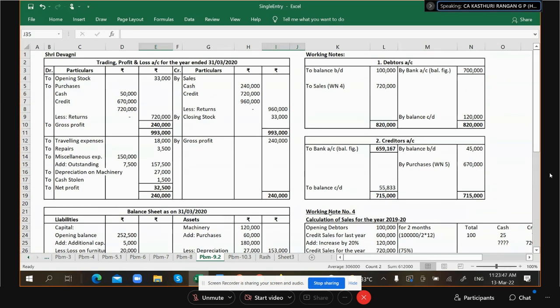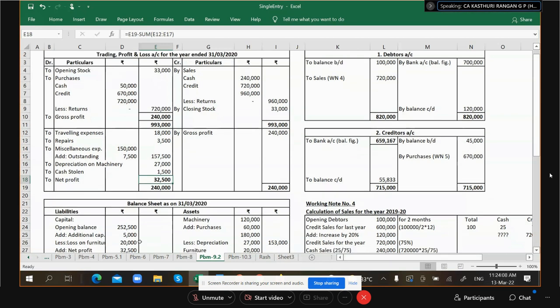After debiting that, find the net profit, and that net profit should be taken to capital. It will have the same effect. Suppose you take 20,000 to P&L here, what will happen? The profit will become 12,500. So instead of taking it to P&L, they say directly adjust in the capital itself. That's all.